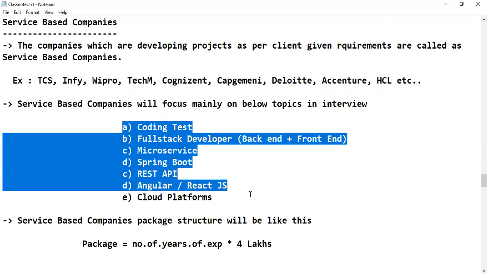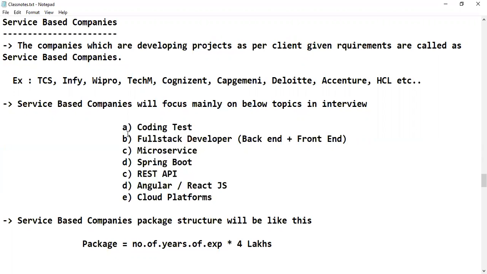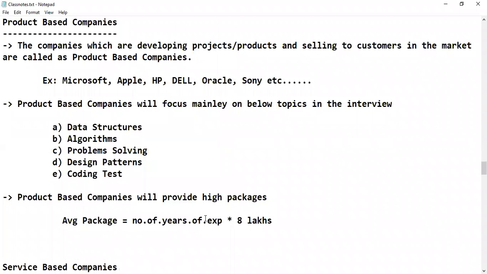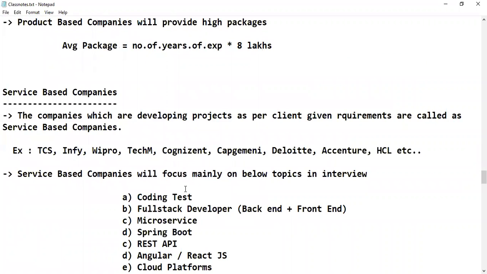Latest technologies, full stack development, Spring Boot, microservices, front end, back end, you have to prepare. If you get a call from Oracle, which topics do you have to prepare? Data structures, algorithms, problem solving, design patterns you have to prepare. That is the culture followed by those companies.